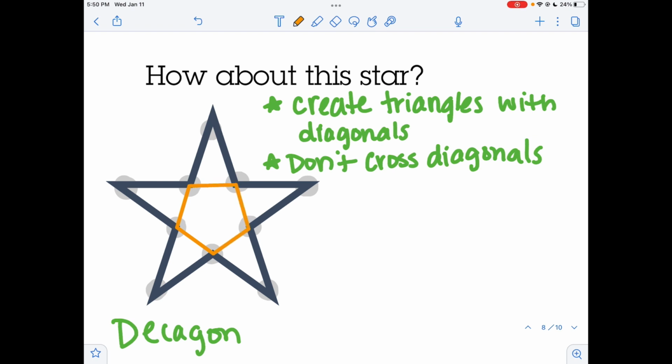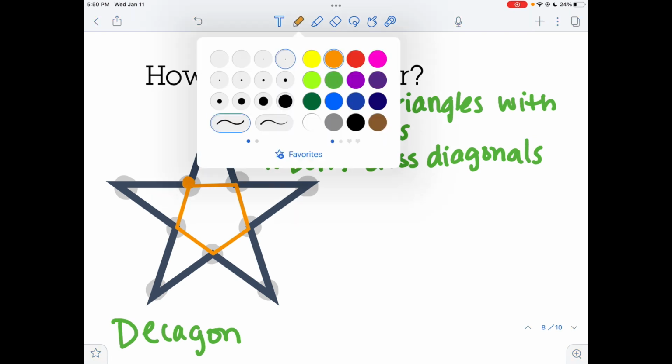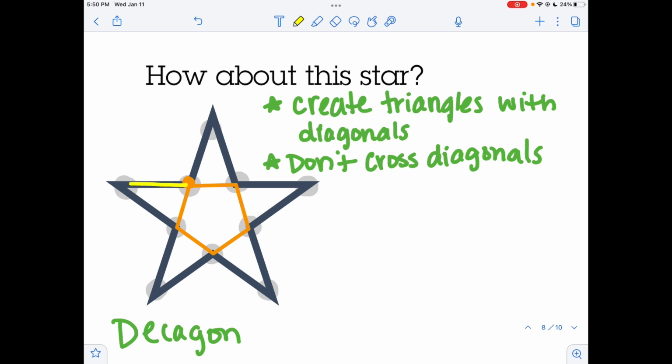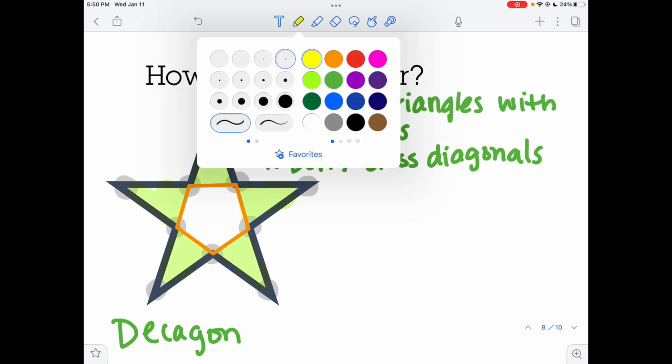Because the adjacent ones, if I started here and went adjacent, it would go out to the point, and that's not the one I'm using. So I skipped a vertex and just cut across. So I now have 1, 2, 3, 4, 5 triangles. So there's 5 so far.